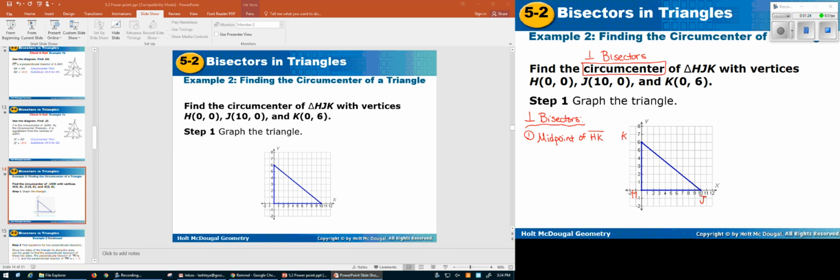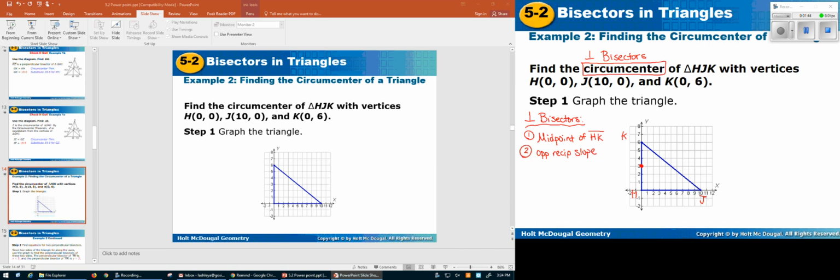That means when I look at HK, it is 6 units long, so therefore the midpoint would be at 3, half of 6. Second thing you want to do to draw in a perpendicular bisector is make sure that you have the opposite reciprocal slope.